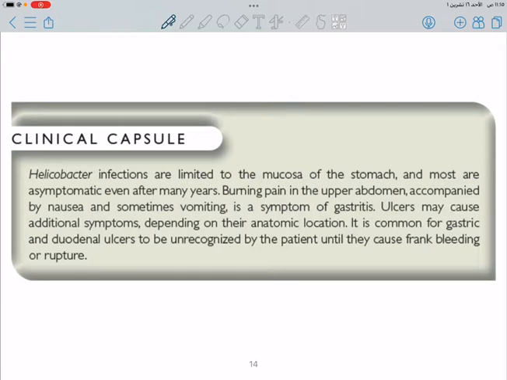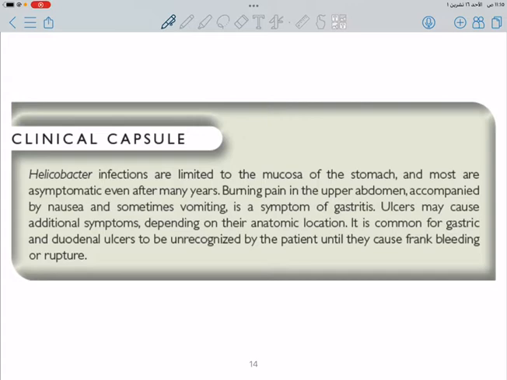It is common for gastric and duodenal ulcer to be unrecognized until the patient comes to you with bleeding, perforation and bleeding. For example, an older man comes, always of advanced age, saying my stomach hurts here and I have nausea. Who doesn't have stomach pain and nausea? Very common signs and symptoms. Very common.